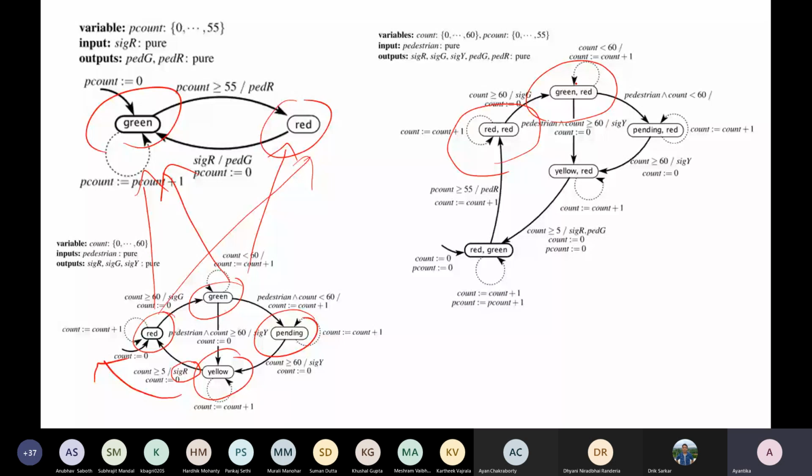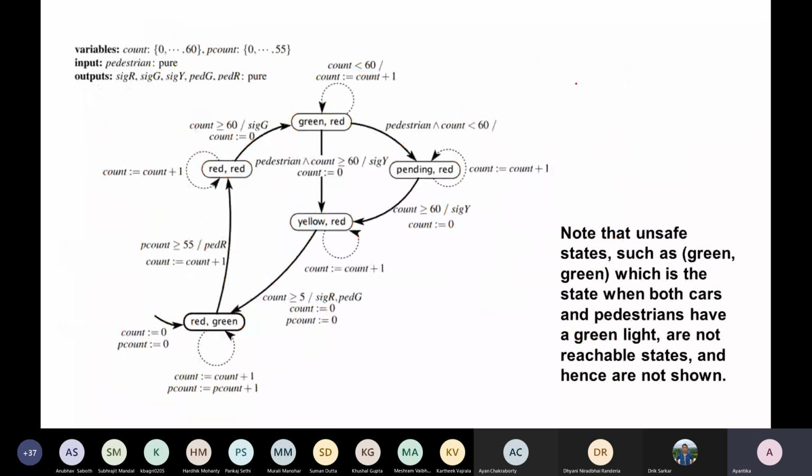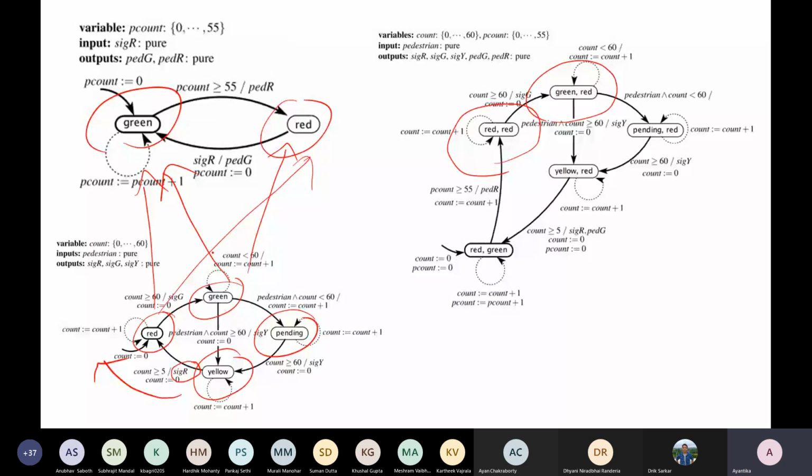But one thing you have to observe, and maybe you are getting the point now, that when you are considering all the states, some states are missing. For example, we have not considered this green state. If you see red-green, pending-red, yellow-red, green-red, but no green. And some other few combinations are also not there. The reason is that whenever you are cascading or combining the states to go to the higher state, first thing you have to do is choose the pairs.